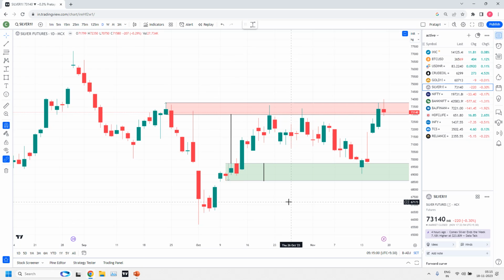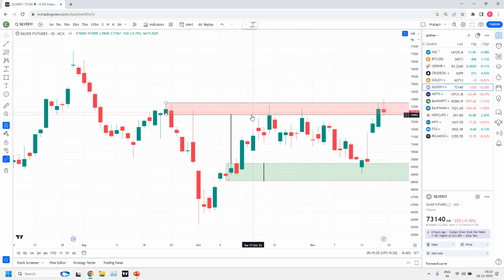Exactly the same way you have to practice. Just drawing demand zone, drawing supply zone doesn't help you. Every time when you draw demand and supply zones, try to calculate risk and reward. It is simple mathematics. You just take the calculator, the high of the zone and low of the zone, you just subtract. That's it, you are getting risk.